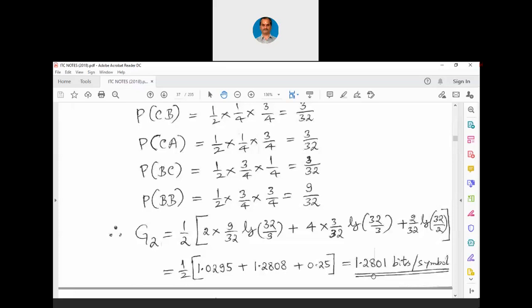So why I told you that the proof of this theorem is beyond our curriculum, because the proof is really very lengthy. And we should again appreciate Claude Shannon and his team.